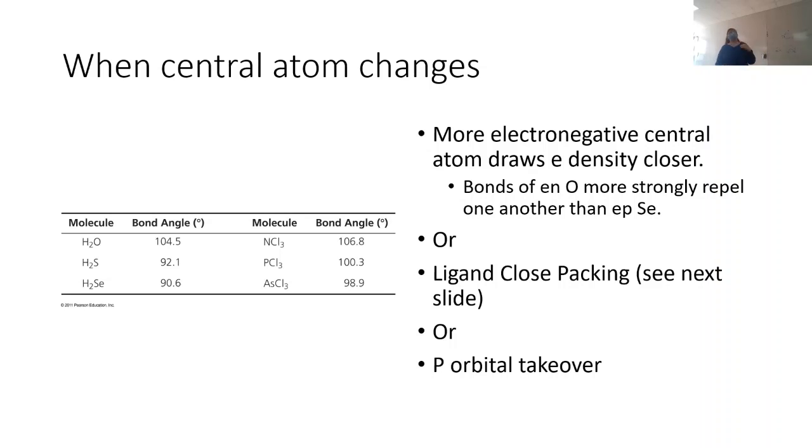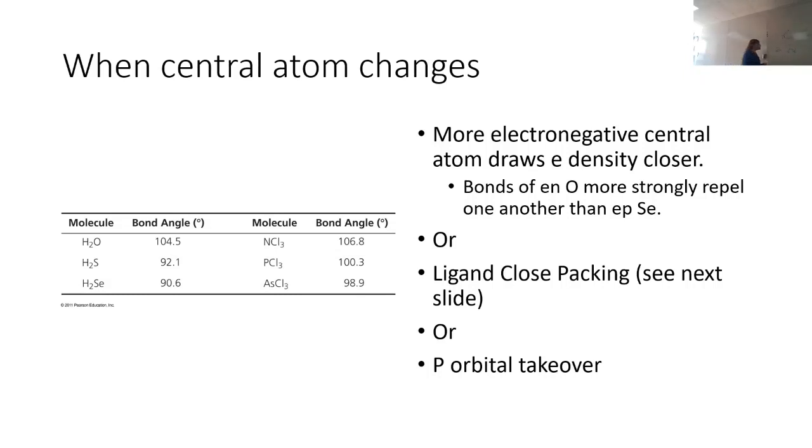Part of it is that the more electronegative central atom, oxygen versus sulfur or selenium, is going to draw that electron density closer. So here I have the oxygen really drawing in that electron density. And with the electron density close to the oxygen, it's going to push the bonds out.